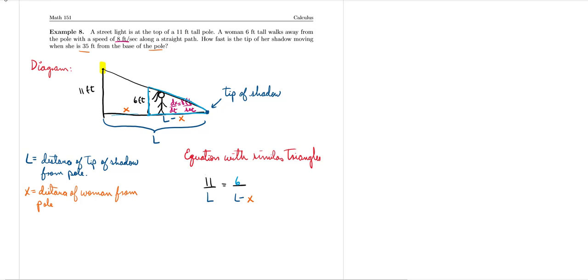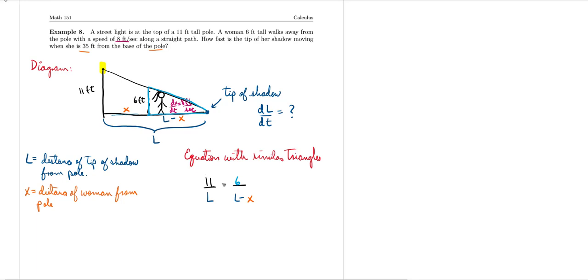All right. There we go. We have identified the rates, and we know that we want to find out what is the dl dt. How fast is the tip of the shadow moving when the woman is moving at 8 feet per second?